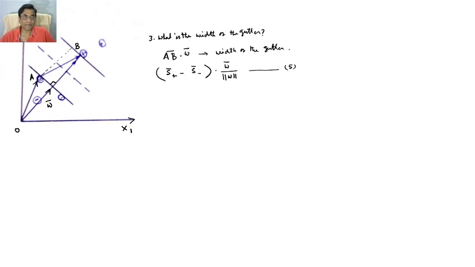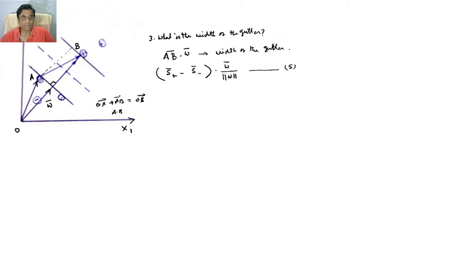You are all with me? Convinced? AB is what? This is very simple: OA plus AB equals OB.